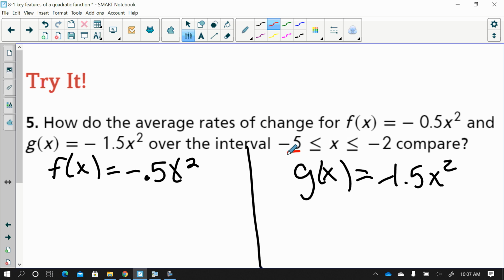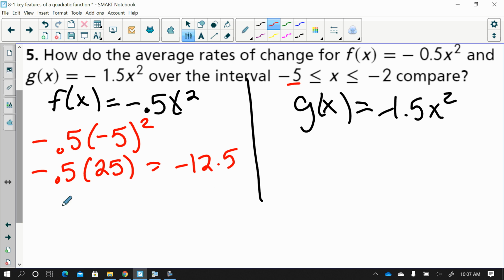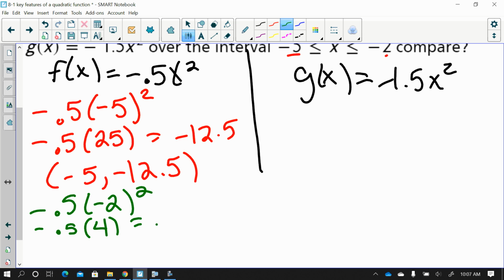Okay, so we're plugging in -5. So 0.5 times -5 squared, well, -5 squared is a positive 25, and that would be negative 12.5. So the first point I get is (-5, -12.5). And now I'm going to plug in -2. Okay, -2 squared is 4, so that is going to be -2.